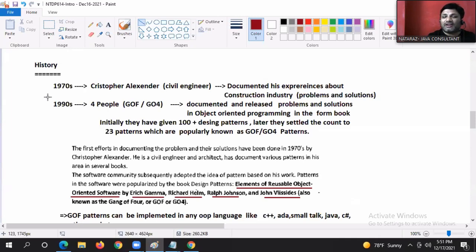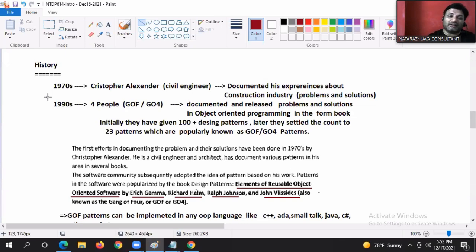Based on his experience and expertise, he released a book on the do's and don'ts of the construction industry. He also said that if you follow a certain process, these problems will come, so the solution is this. The best practices he gave for bridge construction and large scale building construction became the Bible of those days for building construction.